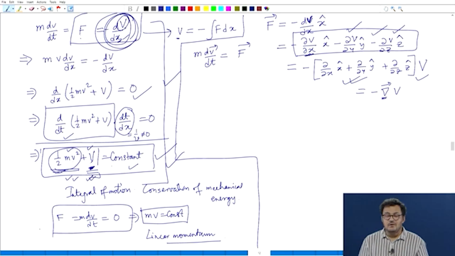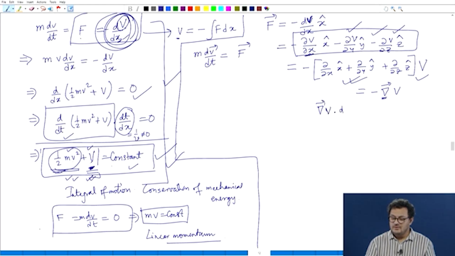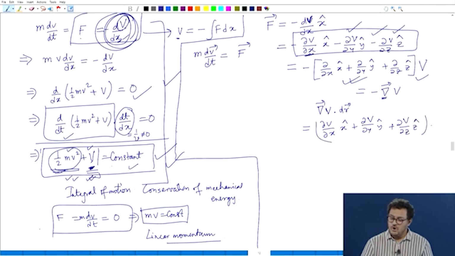So, it is minus nabla, which is itself a vector differential operator, working on V. Okay. Now, if I take this dotted with dr vector, where r is the position vector, then I have a very interesting result. You have ∂V/∂x x cap plus ∂V/∂y y cap plus ∂V/∂z z cap, dotted with dx x cap plus dy y cap plus dz z cap.